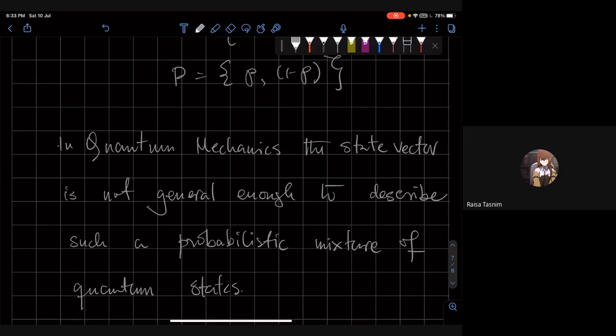And maybe in the next class, I will show you an example of how it breaks down. If you try, you'll see that it breaks down.